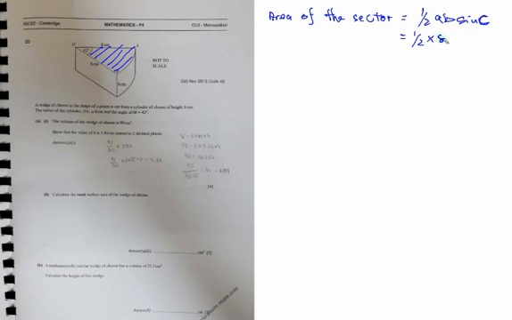So this should be 8 times 8. Okay, now times sine of the angle between the two lengths here, which is given as 42. Okay, so this is 42. Now, let's simplify this. This becomes 32 sine 42.